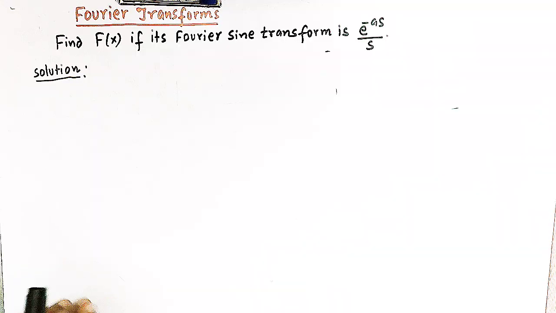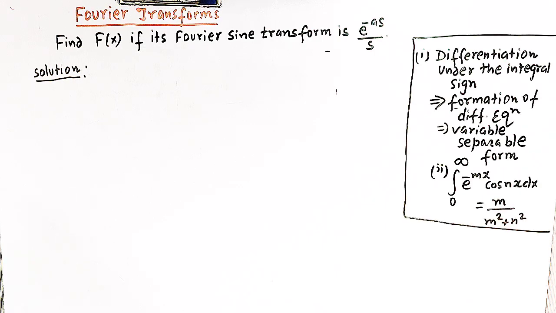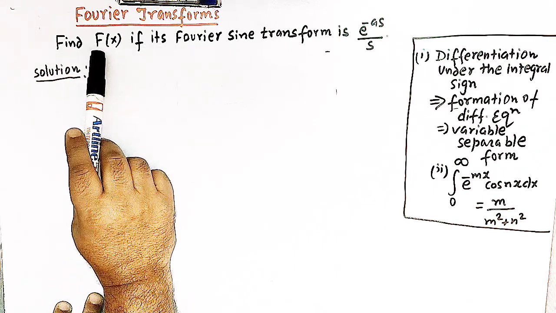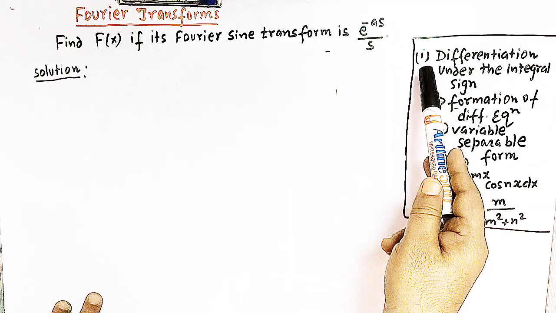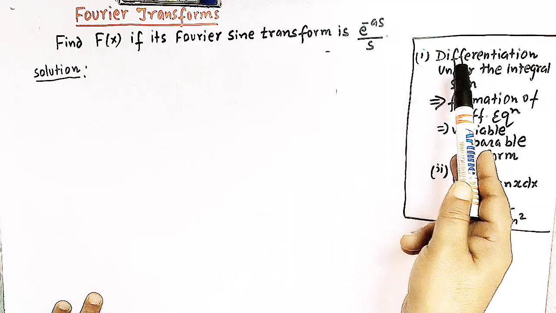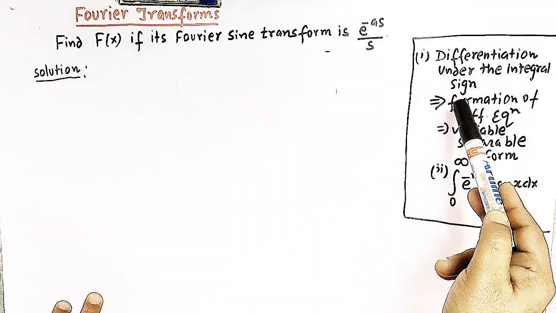For this we have to make use of the inverse Fourier sine transform. Here we are going to use two important concepts to solve this problem. The first one is differentiation under the integral sign.